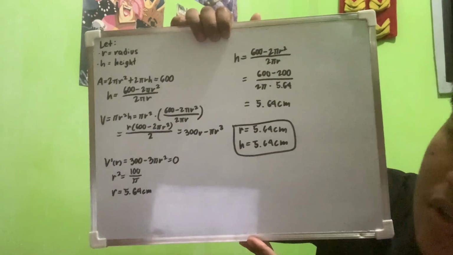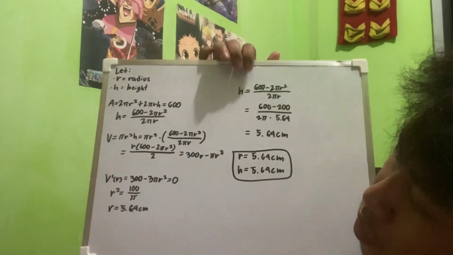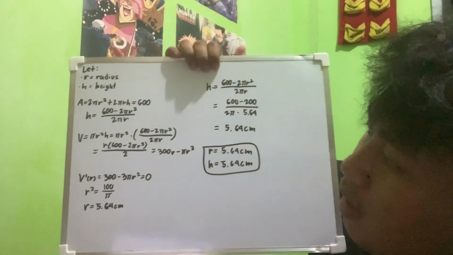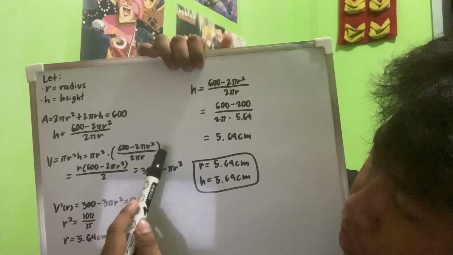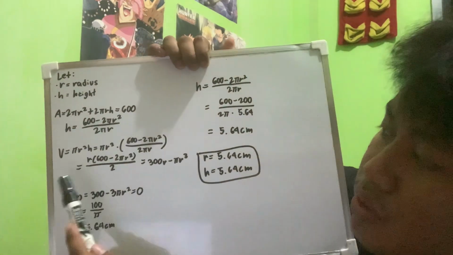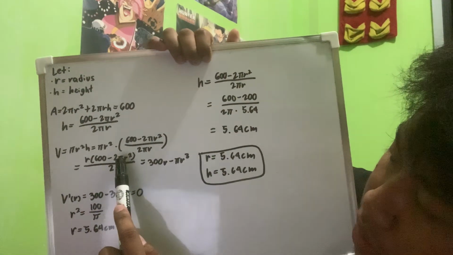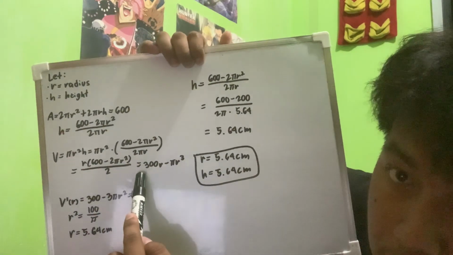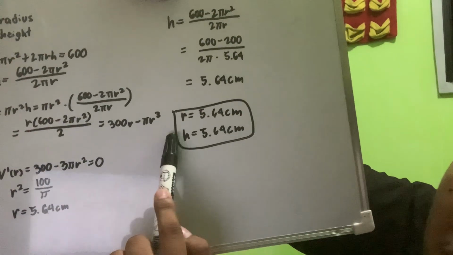So we substitute for h. V equals pi r squared times 600 minus 2 pi r squared over 2 pi r. So equals r times 600 minus 2 pi r squared over 2, which equals 300r minus pi r cubed.